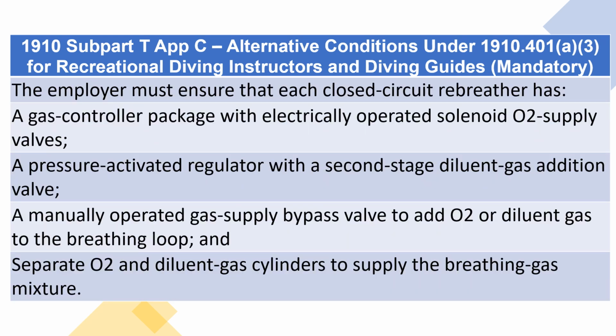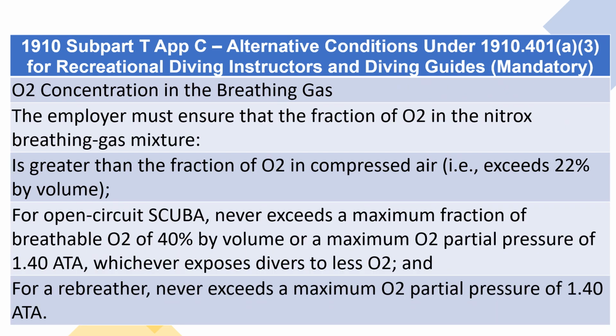The employer must ensure that each closed-circuit rebreather has a gas controller package with electrically operated solenoid O2 supply valves, a pressure-activated regulator with a second-stage diluent gas addition valve, a manually operated gas supply bypass valve to add O2 or diluent gas to the breathing loop, and separate O2 and diluent gas cylinders to supply the breathing gas mixture.